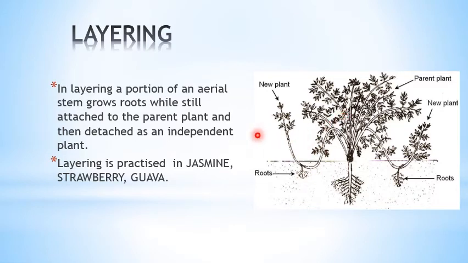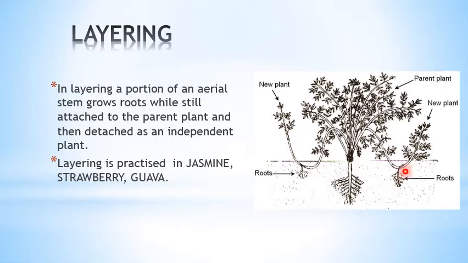This is the aerial stem, and it will grow roots while attached to the parent plant. And when it grows well and develops into a new plant, it will get detached from the parent and develop into a new plant. So this is layering. This is one layer, and this is another layer, and this is another layer.